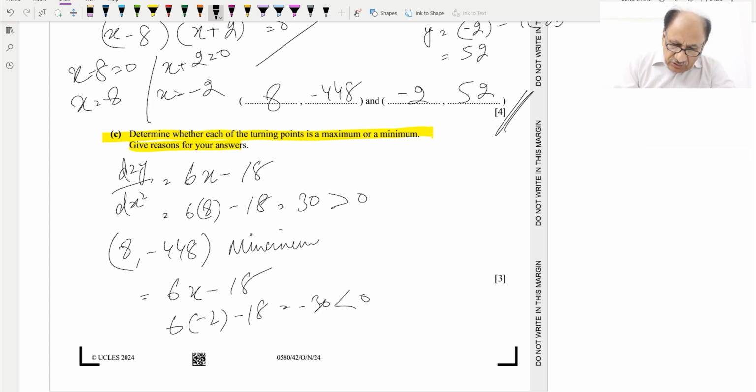So the other point, which is minus 2 and 52, is maximum.